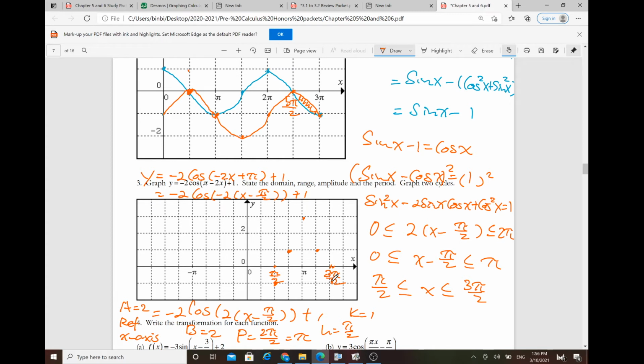This one goes all the way down to here. Okay, so it's going this way. Like that. And the thing is that this one you want to sketch, well, what is it? 2 cycles. So 2 cycles, this one is just symmetrical.